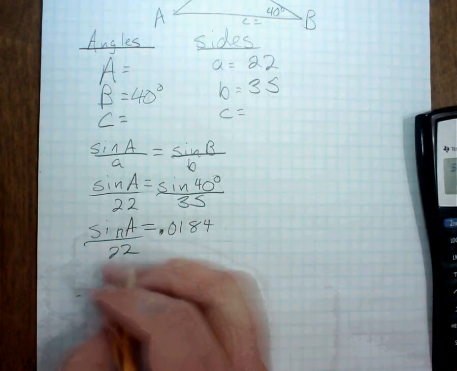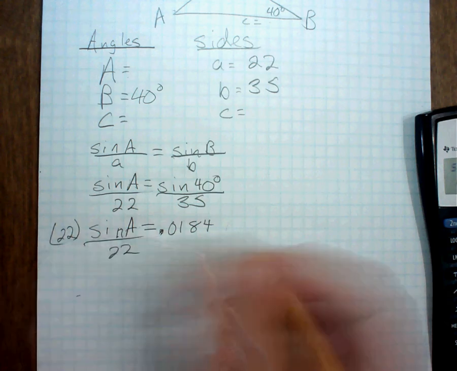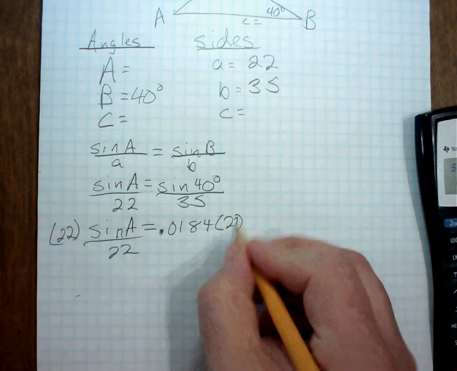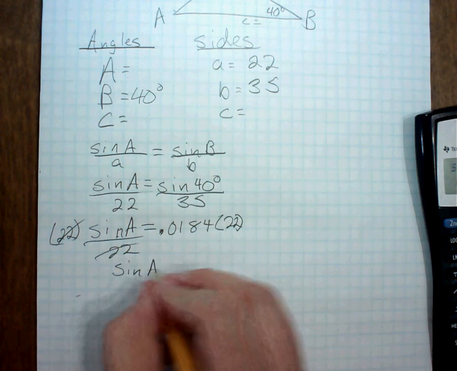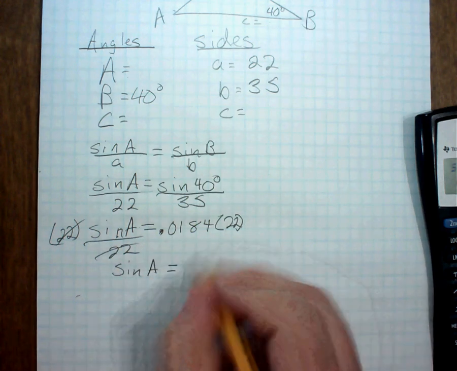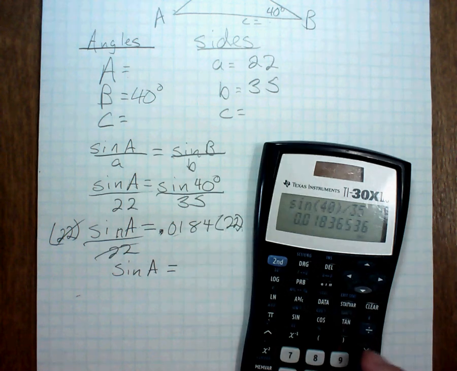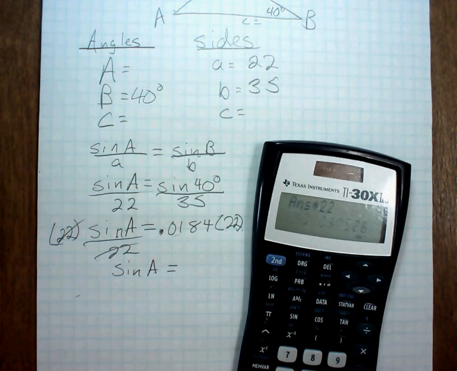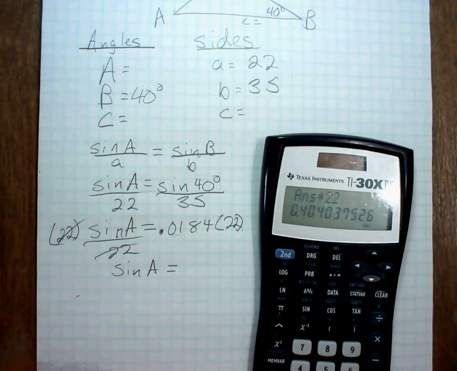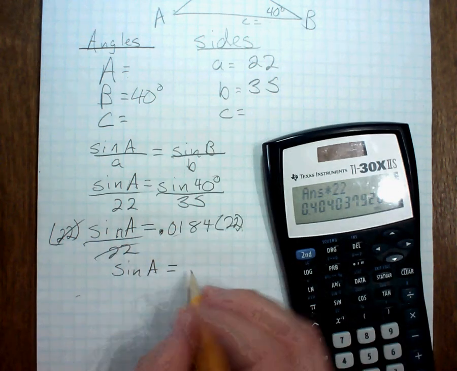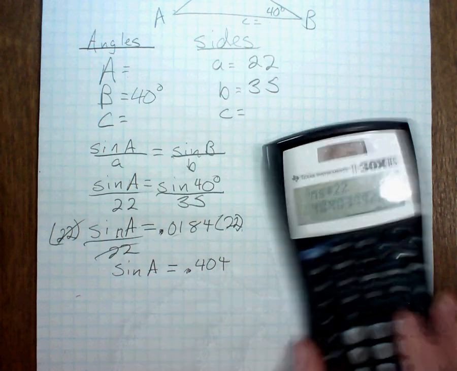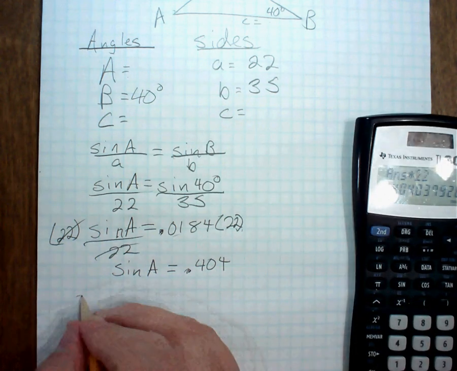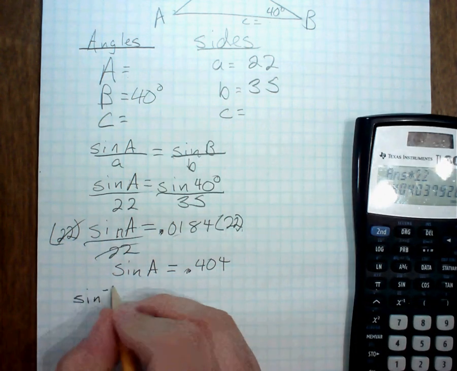The next thing I'm going to do is multiply both sides by 22. These will cancel and I get sine of capital A is equal to whatever these two numbers are. So I'm just going to multiply this by 22 and I get 0.404. Now I'm trying to solve for A, so I'm going to have to take the inverse sine.